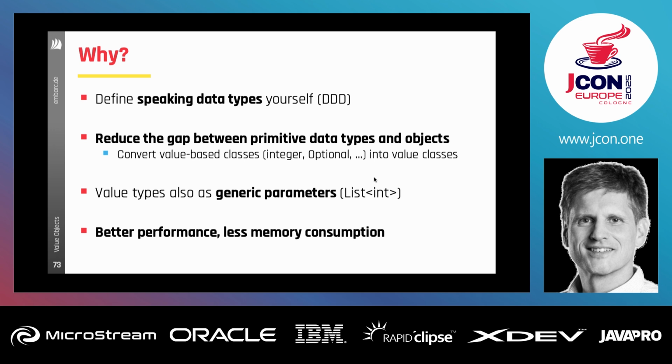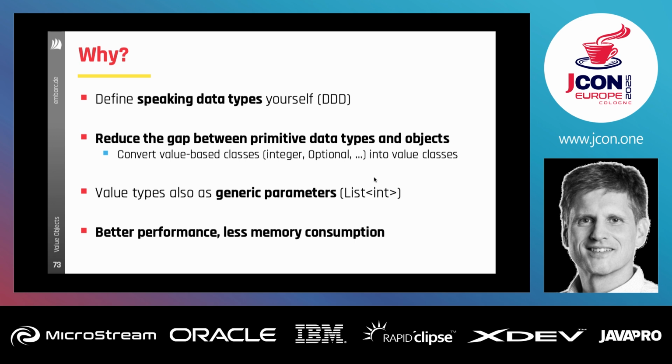Why do we want to use them? For me, it's about speaking data types, so we can define our own, more frequently. We already can do that with records, because it's much simpler to define a Java class now with records. But we still have the performance overhead. We talked about it in that session.